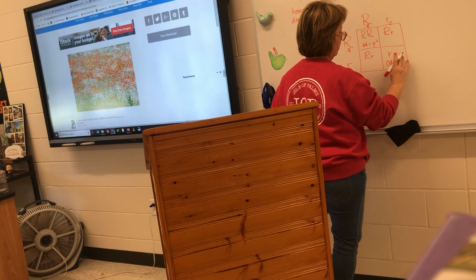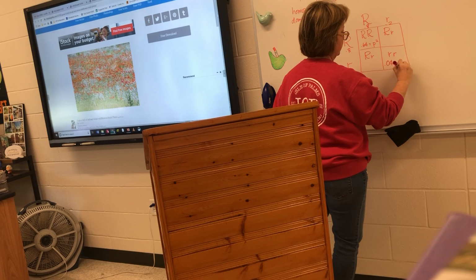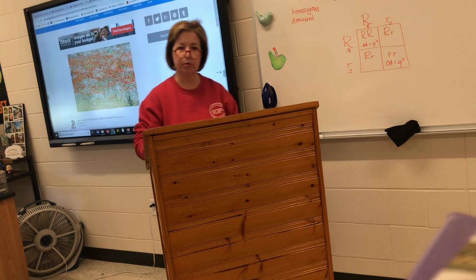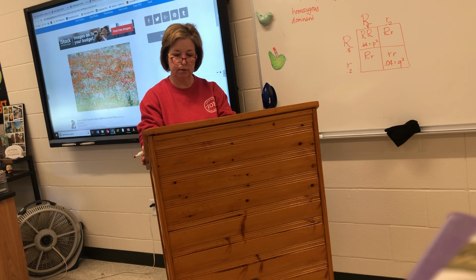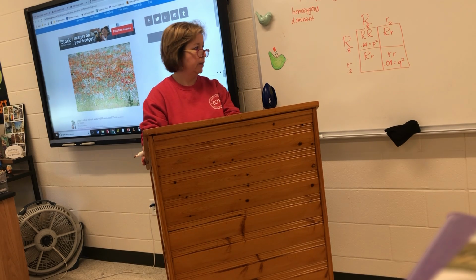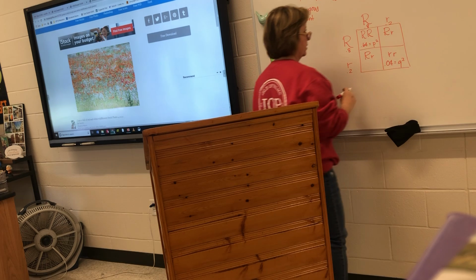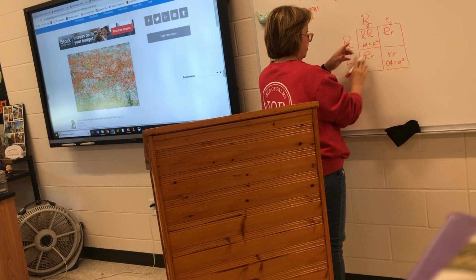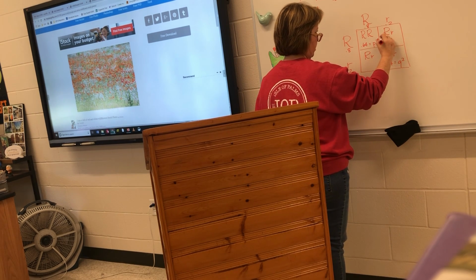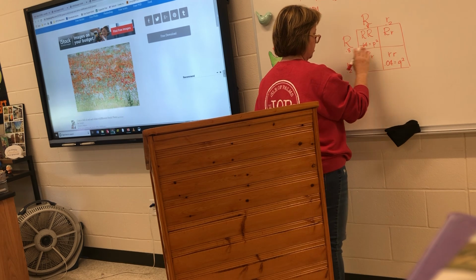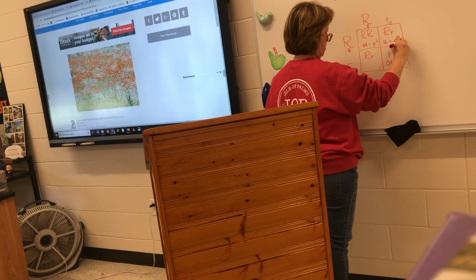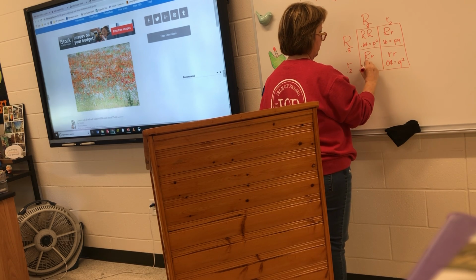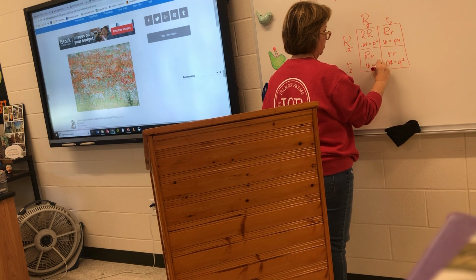That's giving us the frequency of homozygous recessive. So that's Q squared. And then you can obviously see there are two ways to be heterozygous. So 0.2 times 0.8, 0.16 is P times Q. 0.16 is P times Q here.